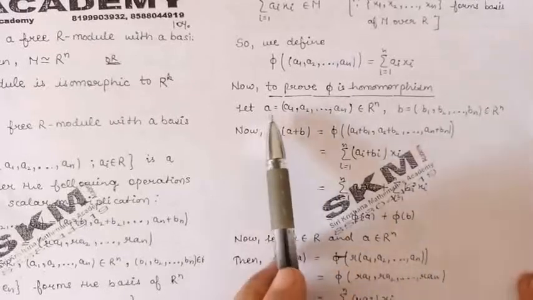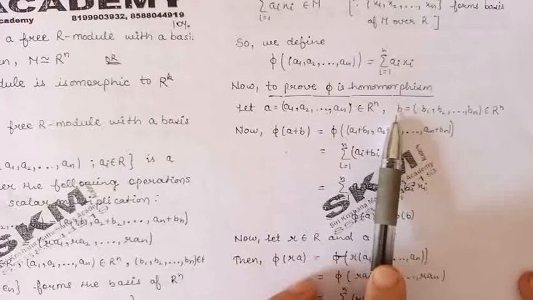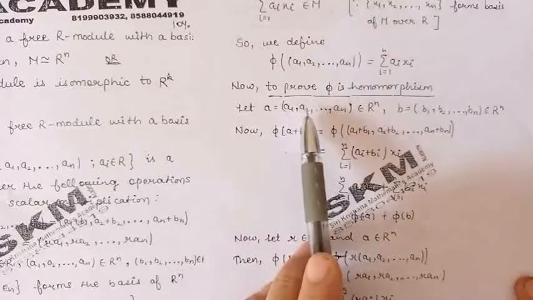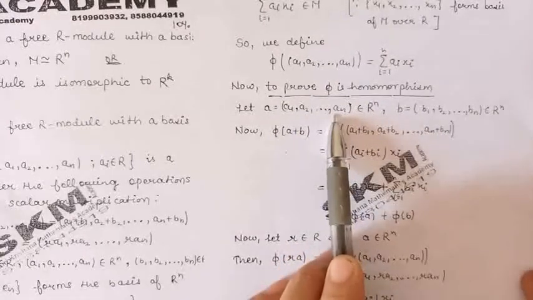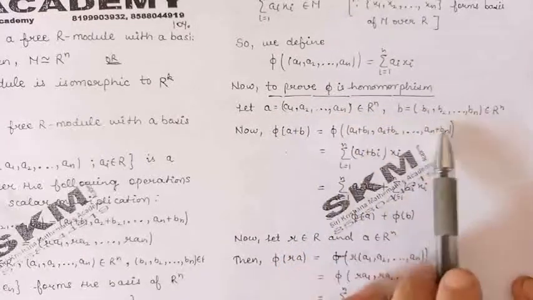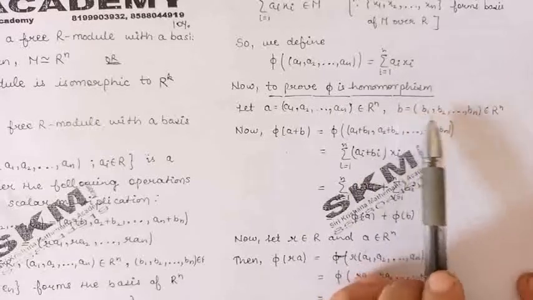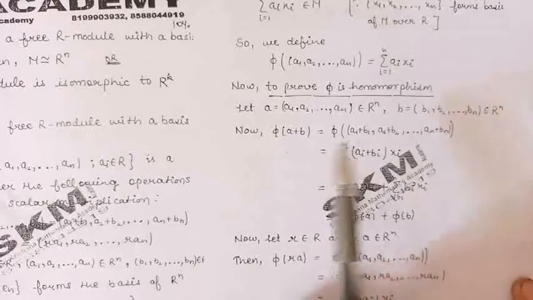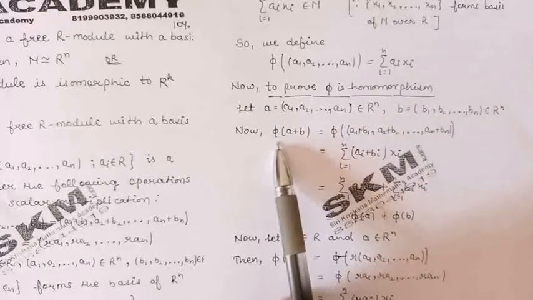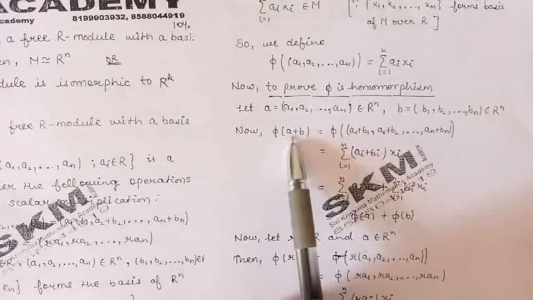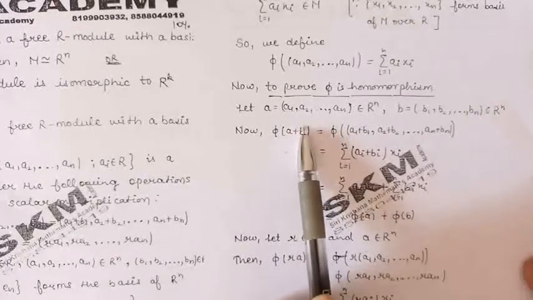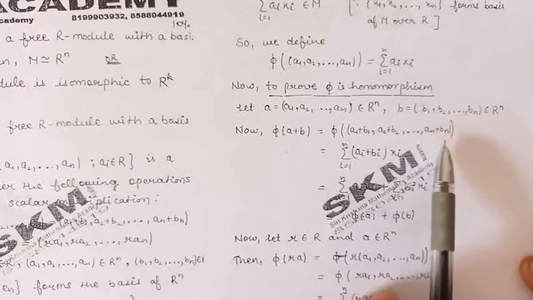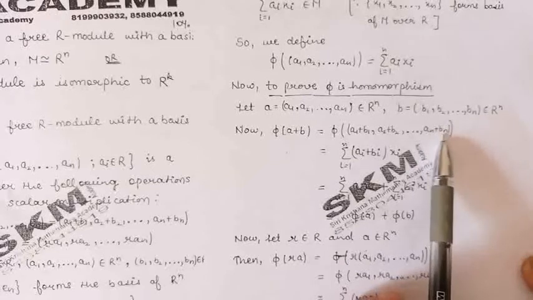To prove homomorphism, let us take a and b, two elements belonging to R^n. These are n-tuples where a1, a2, a3 up to an are elements of the ring R, and the components of b are also elements of the ring R. Now let us find the image of a plus b under the mapping phi. By definition of coordinatewise addition, a plus b has the components a1 plus b1, a2 plus b2, a3 plus b3, and so on up to an plus bn.